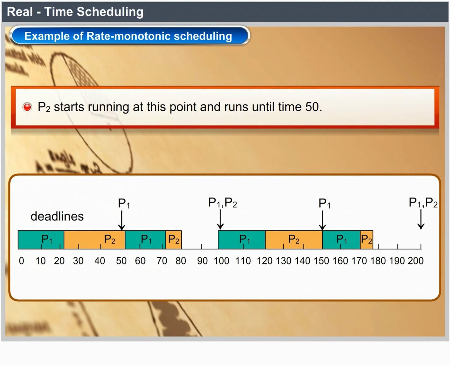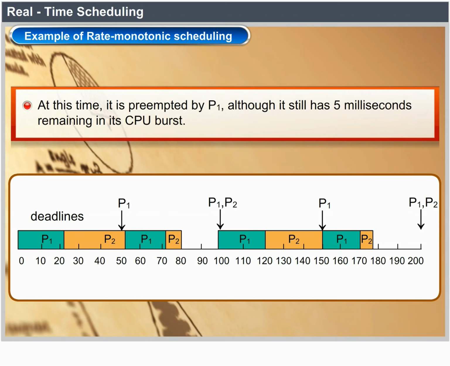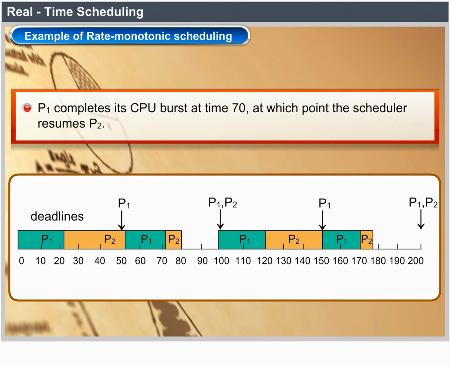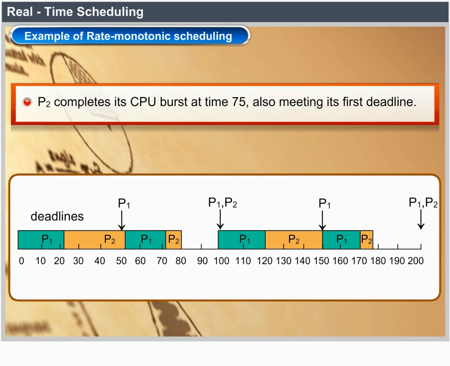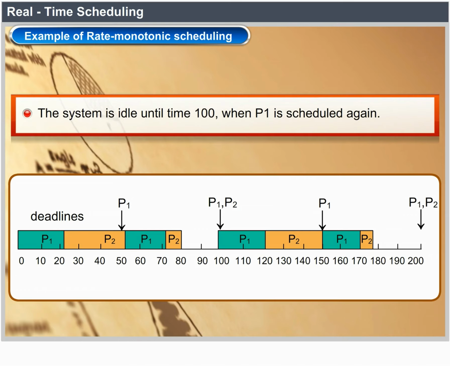At this time, it is preempted by P1, although it still has 5 milliseconds remaining in its CPU burst. P1 completes its CPU burst at time 70, at which point the scheduler resumes P2. P2 completes its CPU burst at time 75, also meeting its first deadline. The system is idle until time 100 when P1 is scheduled again.